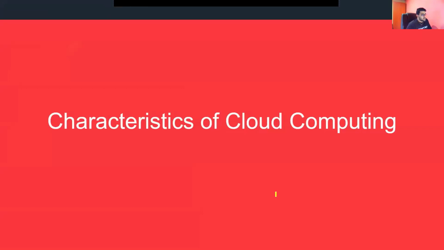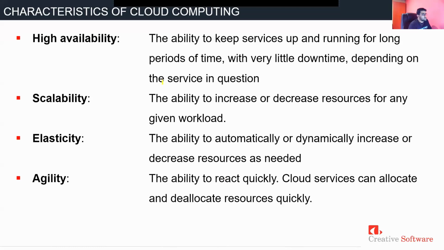So let me move on to the characteristics of cloud computing. The first one is high availability. High availability means, we all know, we should have uptime around 100%, right, when we are hosting our application in the cloud.